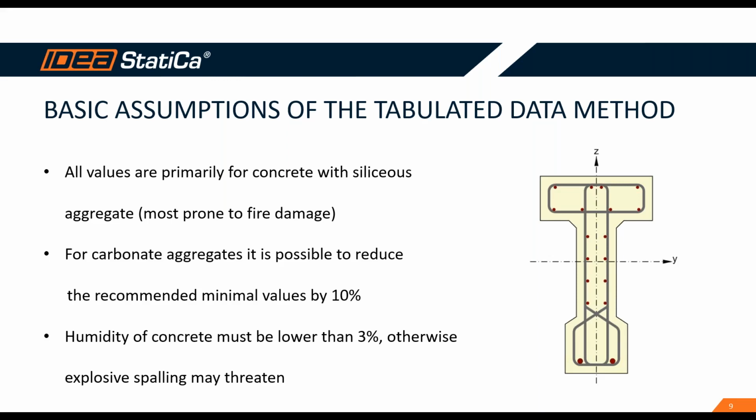The humidity of concrete must be lower than 3%, otherwise explosive spalling of concrete may threaten. This is something that you have to make sure of as an engineer, that it is written in the product documentation, because this is one of the basic assumptions of the tabulated data method.